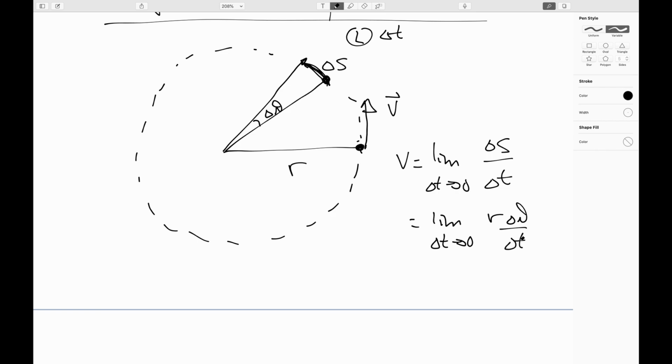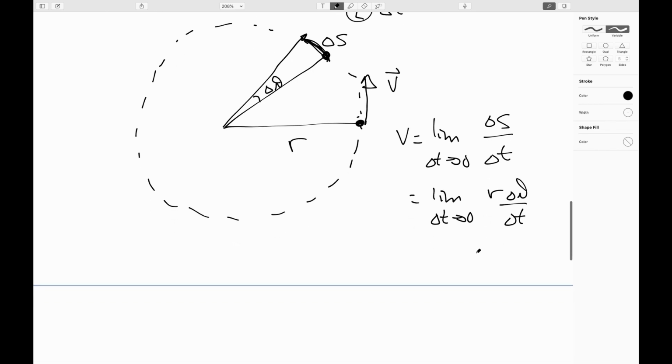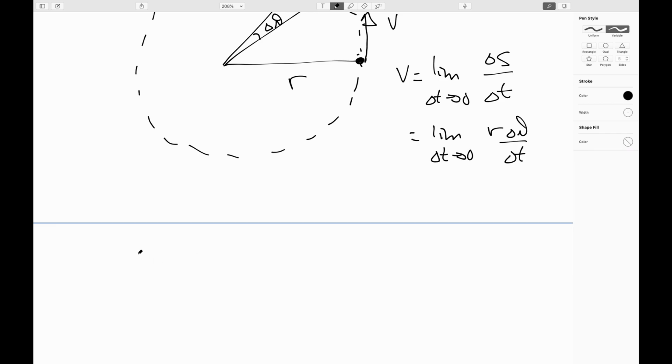Now, since the radius is a constant here, it doesn't matter whether we take the limit of the radius times the change in angle, or if we take the limit of just the change in angle with respect to time and then later times it by the radius. So I'll just go ahead and do that.